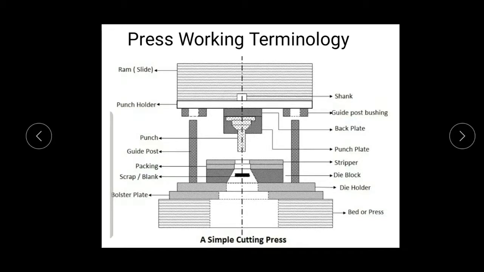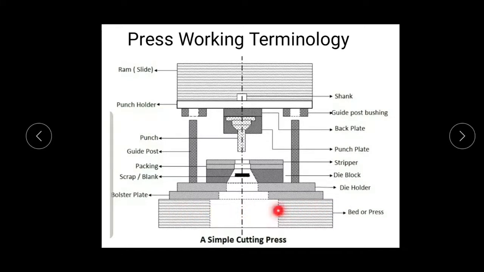Then one more part is there, bed. So the bed is the lower part of the press frame that serves as a table to which a bolster plate is mounted. Here the bolster plate is mounted on this bed. So this bed of press is a base.